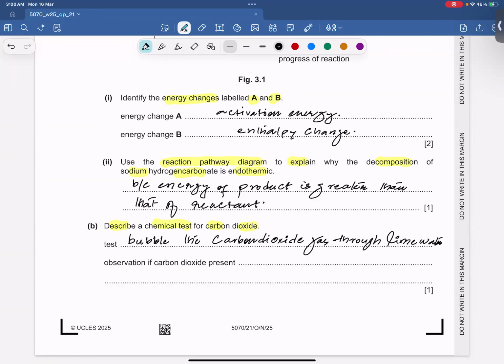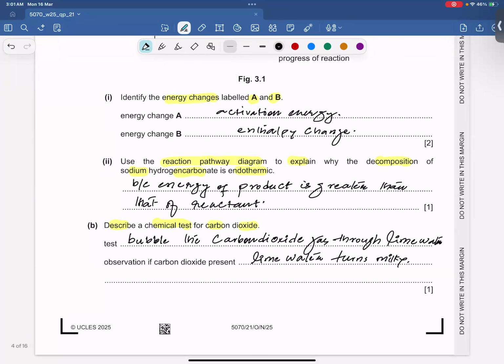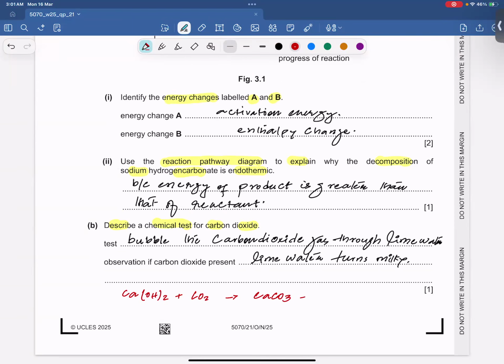Observation if carbon dioxide is present: lime water turns milky, or lime water turns cloudy. By the way, lime water is calcium hydroxide, and when you pass carbon dioxide gas through it, a chemical reaction takes place, and as a result, you will get calcium carbonate and water.